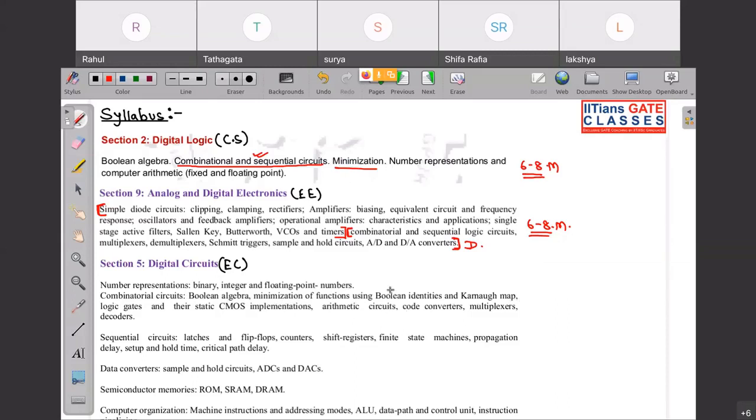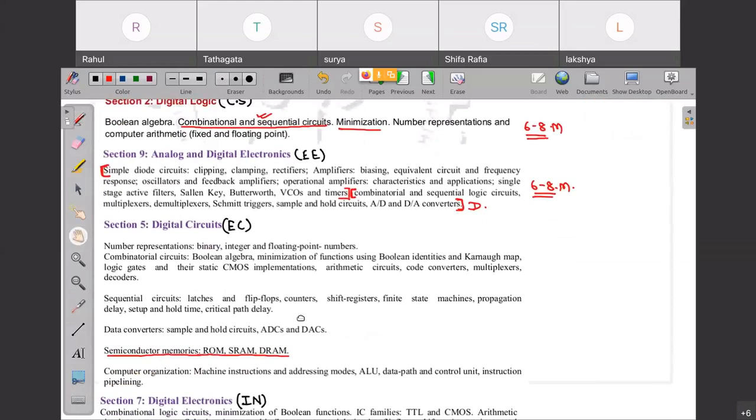The only difference you might see is that semiconductor memories are specially for EC. And computer organization is also there for computer science students. So EC guys, you are going to read this computer organization with CS people. So we have branches for CS also, and you are going to study this with CS. I am not going to teach computer organization.